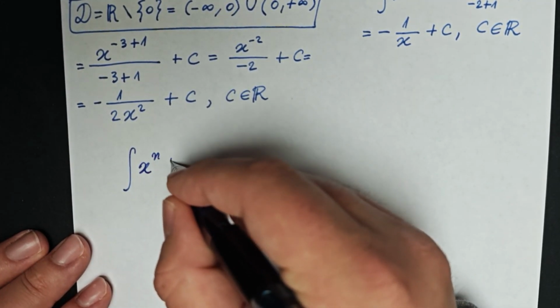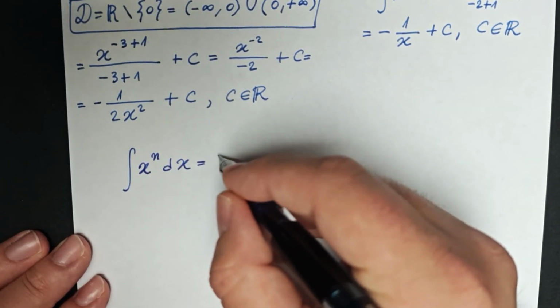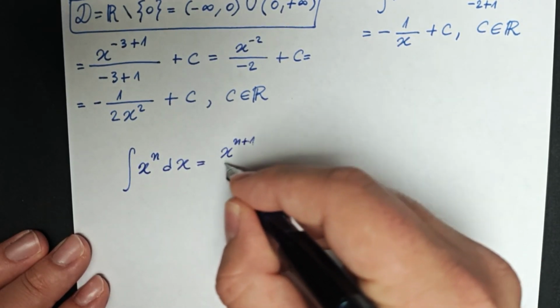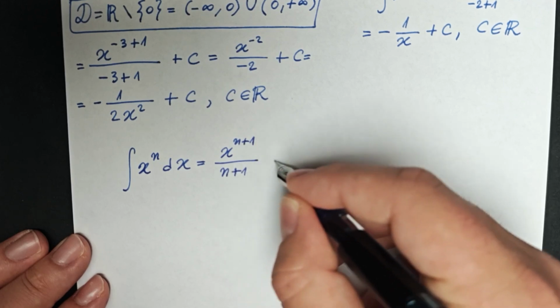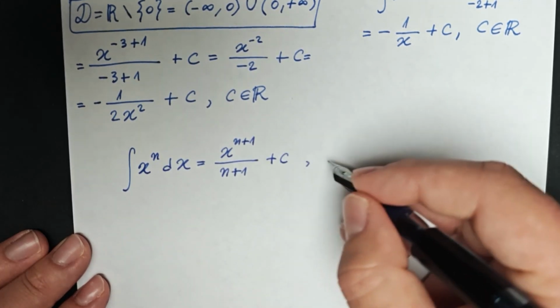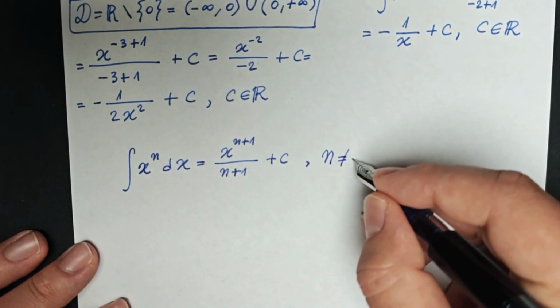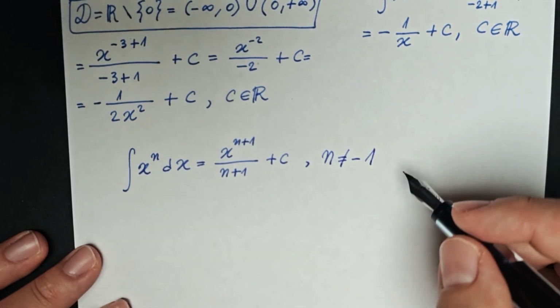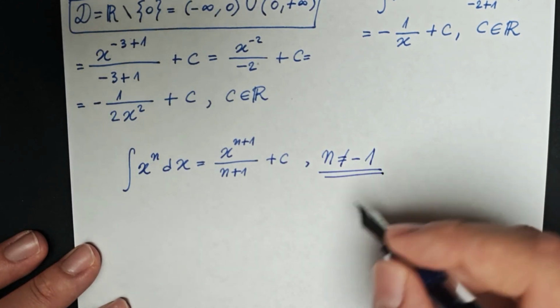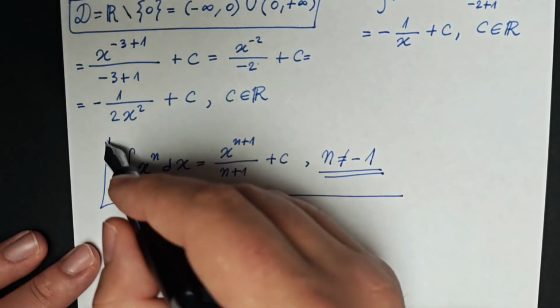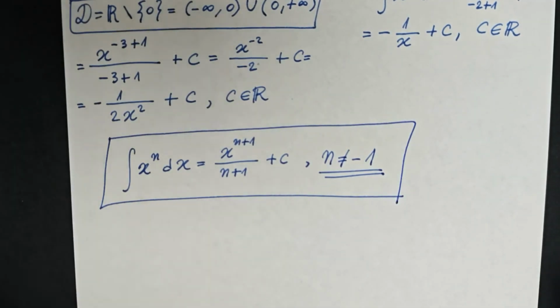The integral of x to the power n dx is x to the power of n plus 1 divided by n plus 1, and plus c, and you have to remember then that n, the power, has to be different than negative 1. This is crucial, so keep this power rule in mind always.